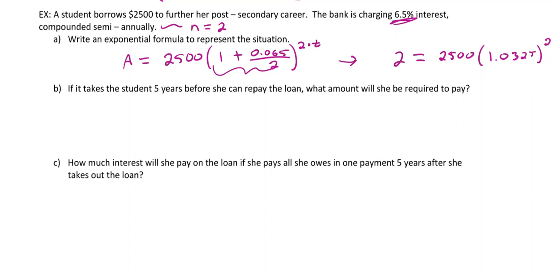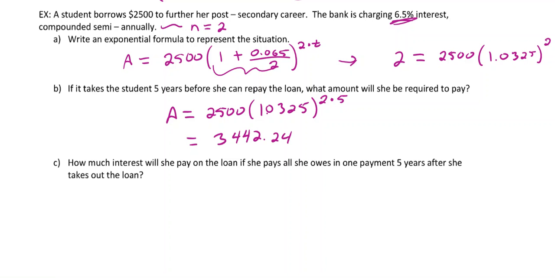Now they're saying if it takes the student 5 years before she can repay the loan, so if we throw 5 in for t there, we get A is equal to 2,500 times 1.0325 to the power of 2 times 5. So we get $3,442.24.